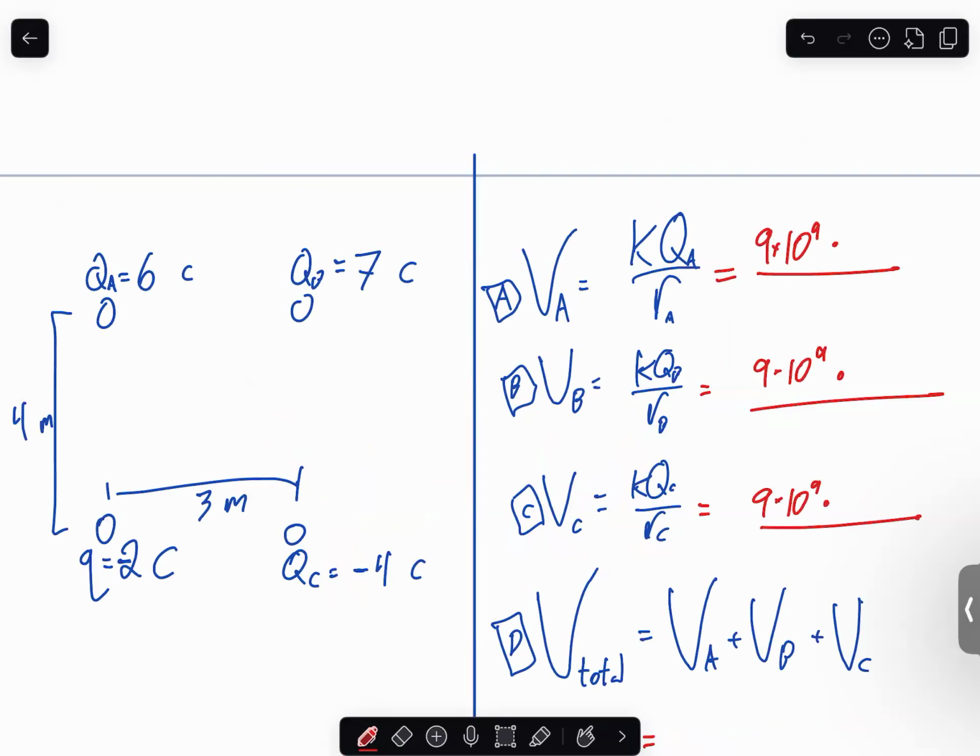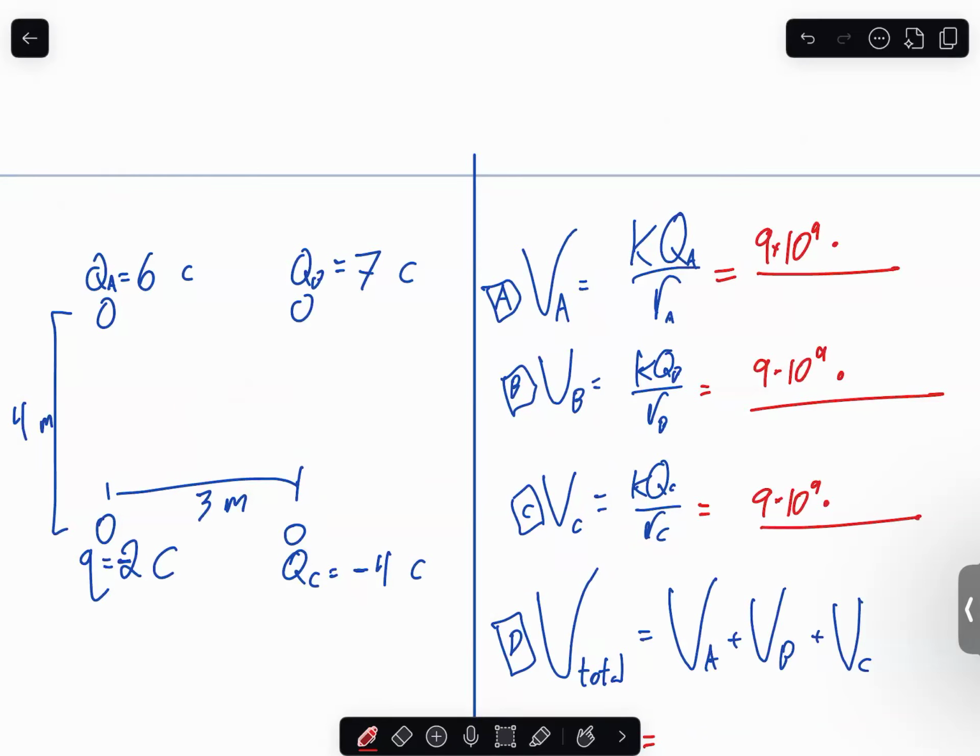Q, big Q, is always a source charge. So I'm asking the voltage here because of this charge. If I want to talk about charge B, for instance, I am asking how much voltage charge B causes at some point. I'll do B for you.